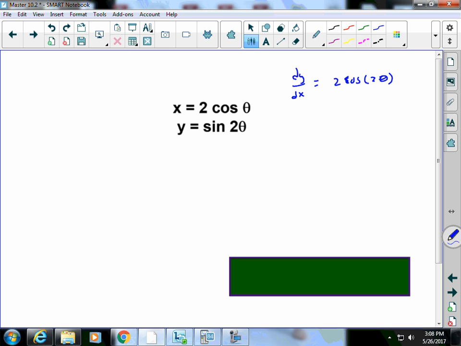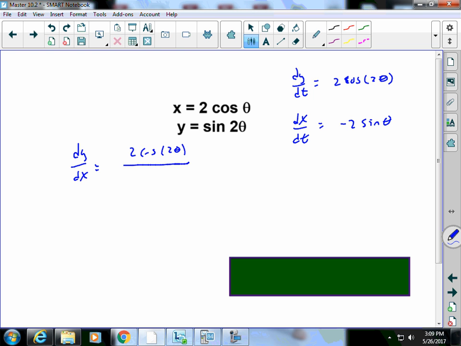Not dy/dx, dy/dt. dx/dt is equal to minus 2 sine theta. So dy/dx, all I'm doing is building it up. 2 cosine 2 theta all over minus 2 sine theta. Well, these 2's cancel out. You got a minus cosine 2 theta all over sine theta.